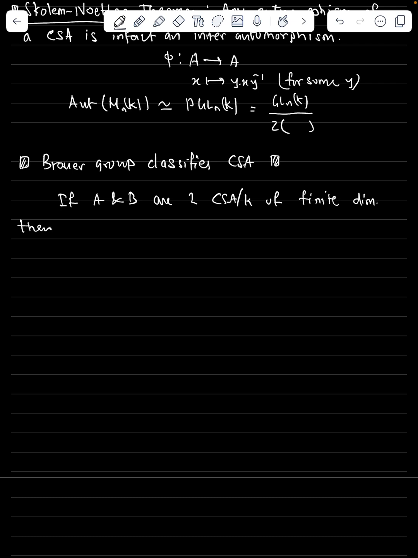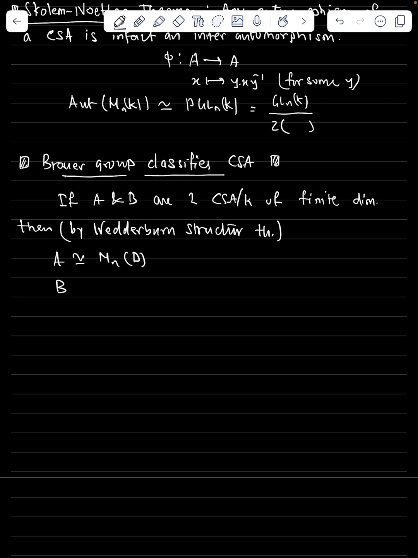then there are two ways to look at it. One, the easiest way, is by looking at the Wedderburn structure. It says that A is isomorphic to a matrix algebra over some division algebra. So B is also isomorphic to a matrix algebra over some division algebra D prime.